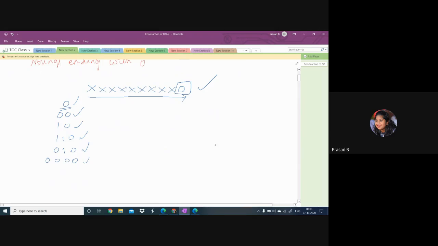If we stop in a final state, then the string is said to be accepted. So for that, we must have an initial state. I am taking this as the initial state, and whatever the smallest string is, we just accept it as it is. So we need a final state, and from initial we go to final on input 0.